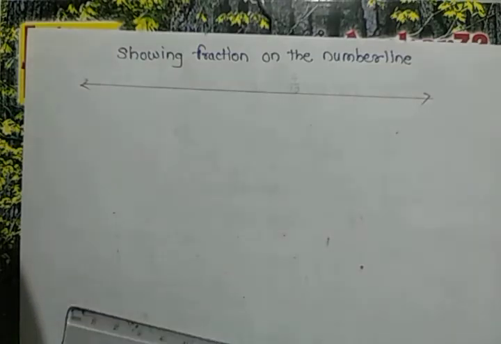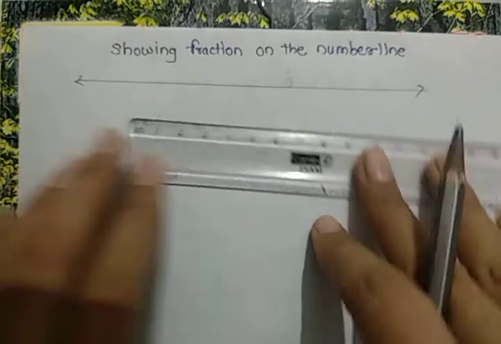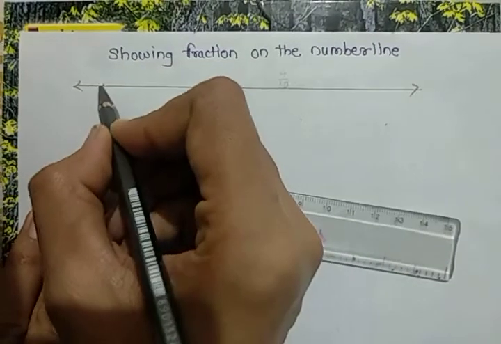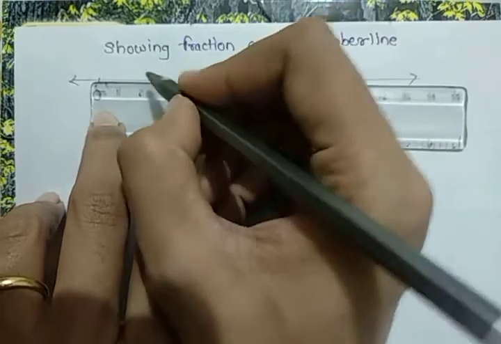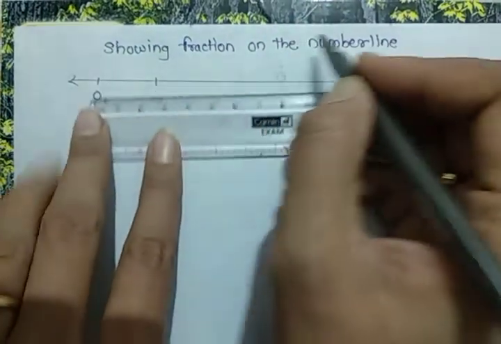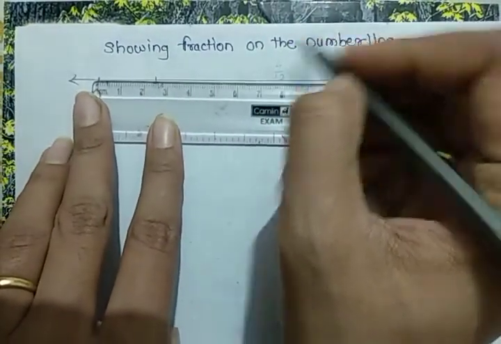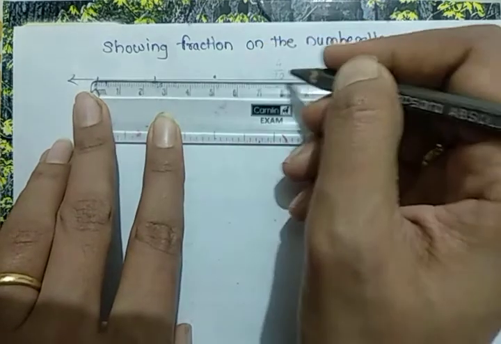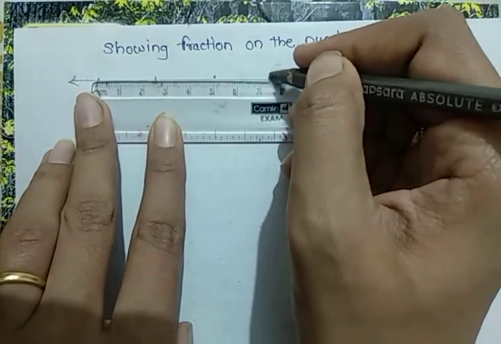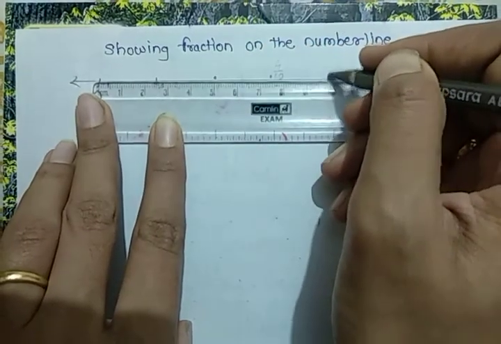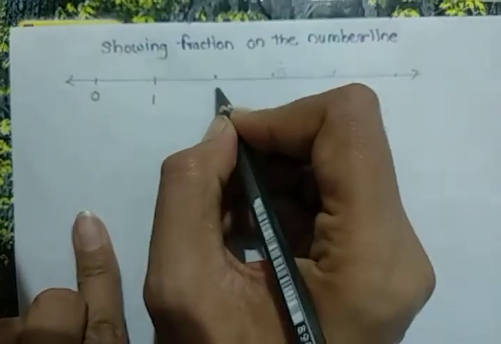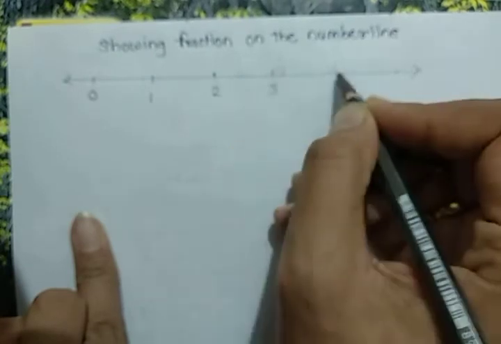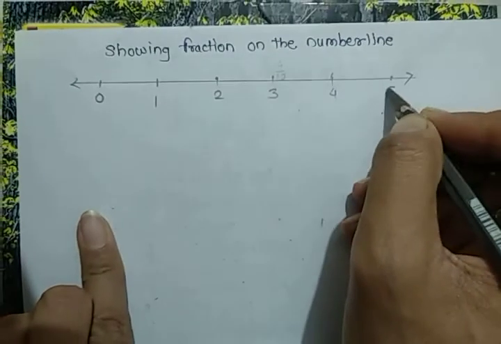On that number line, take numbers from here, 0. Okay, take some points on equal distance: 1, 2, 3, 4 and 5.